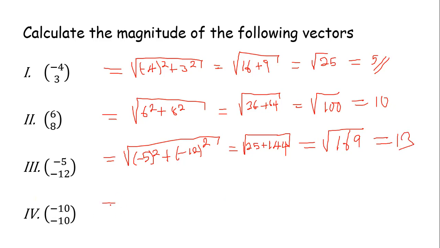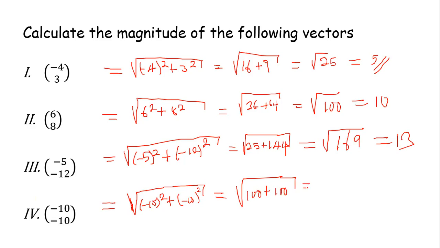Then lastly, we have (-10, -10). So this would be root of -10 squared plus -10 squared. So this would give us root of 100 plus 100, which gives us 200.